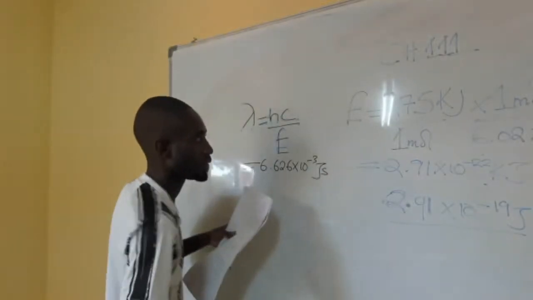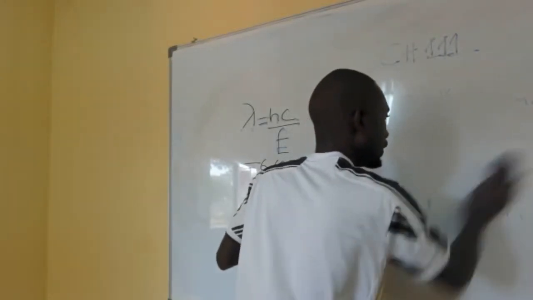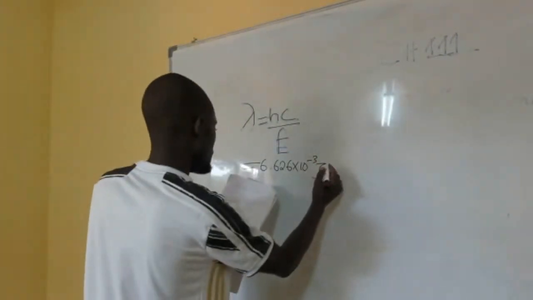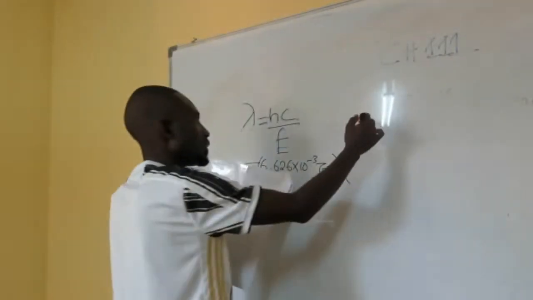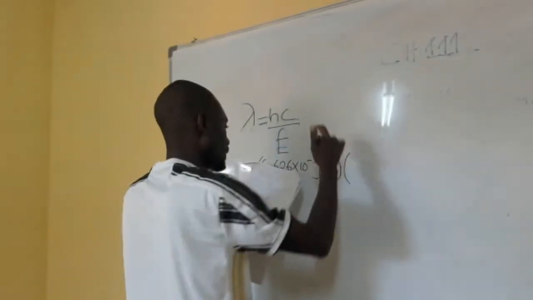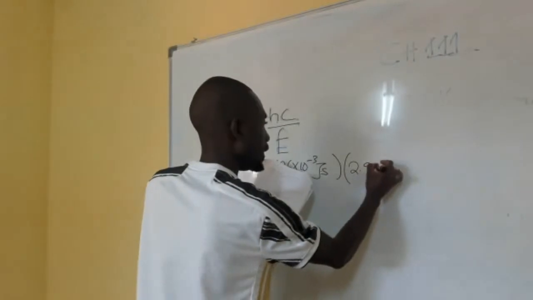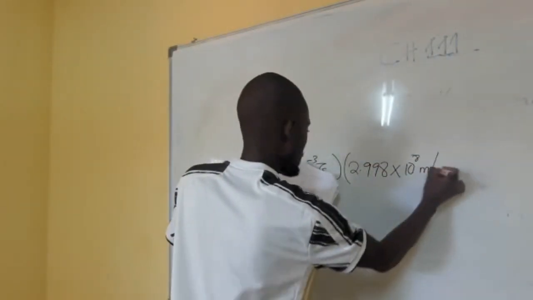Let me erase this part. Then in brackets we can use the value which is not rounded off: 2.998 times 10 to the power 8 meters per second.